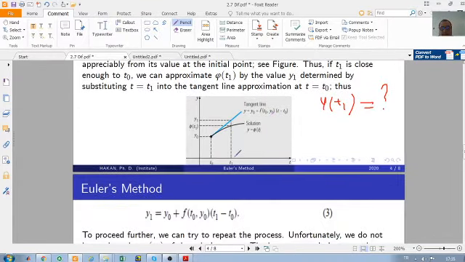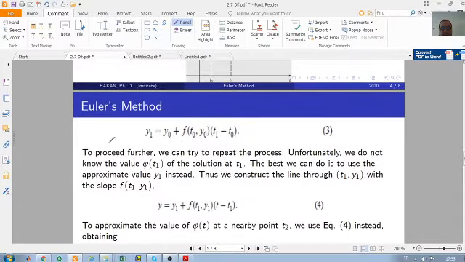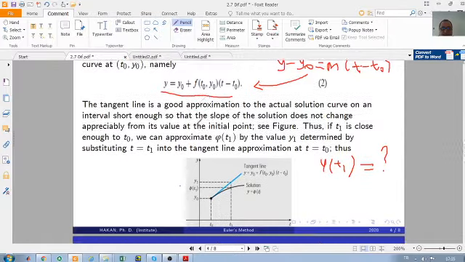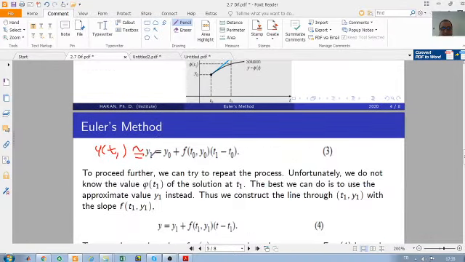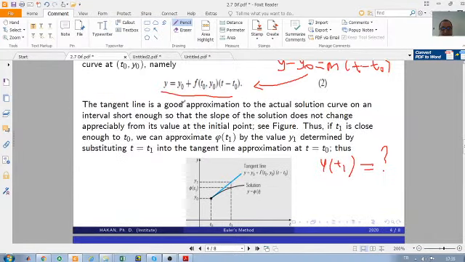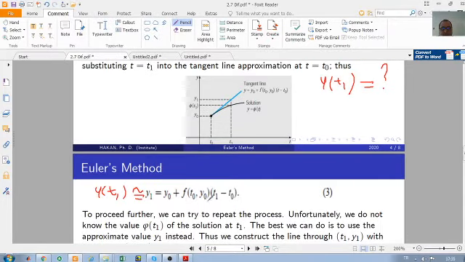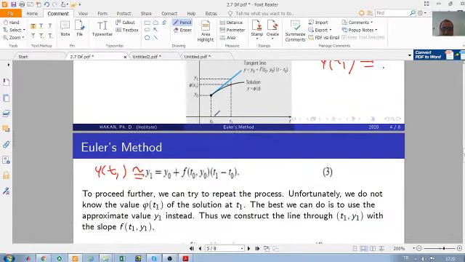So we write phi of t1 is equal to y1, which is approximately equal to the value of the tangent line, and it is written as y1 is equal to y0 plus the slope times, instead of t we write t1, namely we want to find the value at t1 for the solution curve.